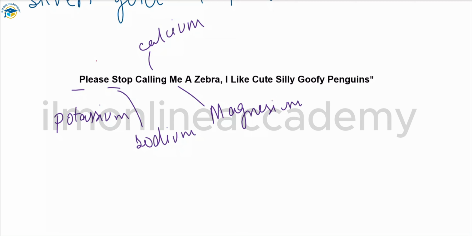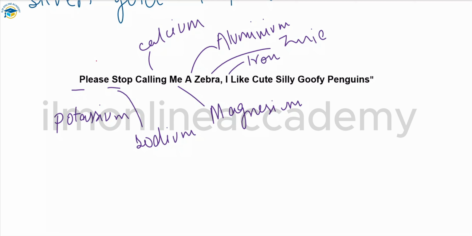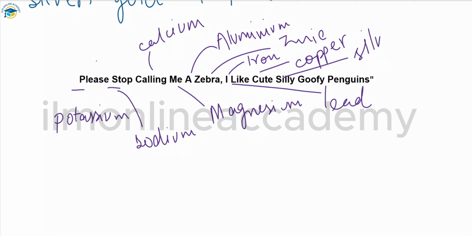After magnesium we have aluminum, and then zinc, then I from iron, and then lead, copper, silver, and then we have gold, and last you can have platinum. So this is the mnemonic through which you can easily remember the reactivity series.